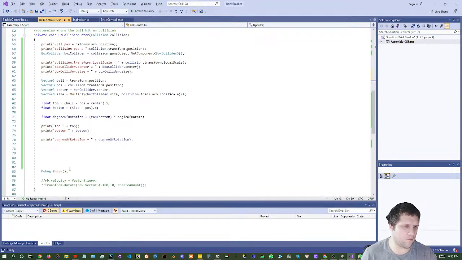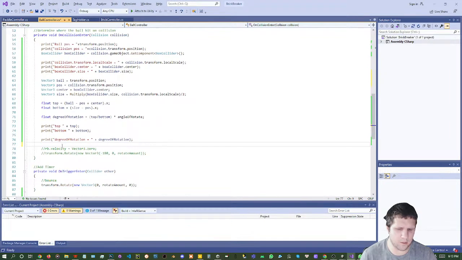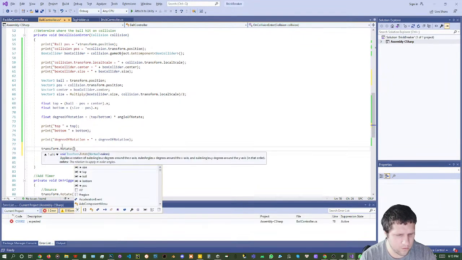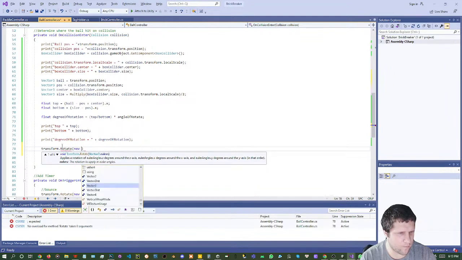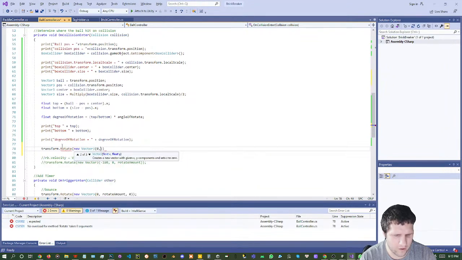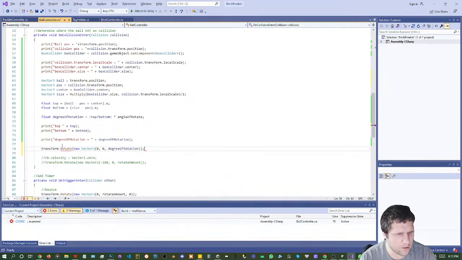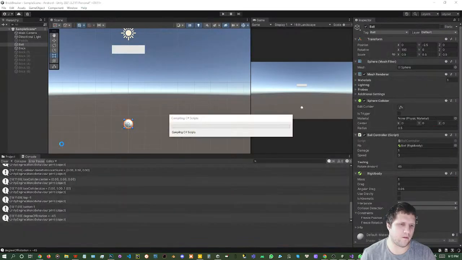Okay. Then let's remove this debug break. And we want to rotate the z. So we say transform.Rotate new Vector3 0 0 degree of rotation.